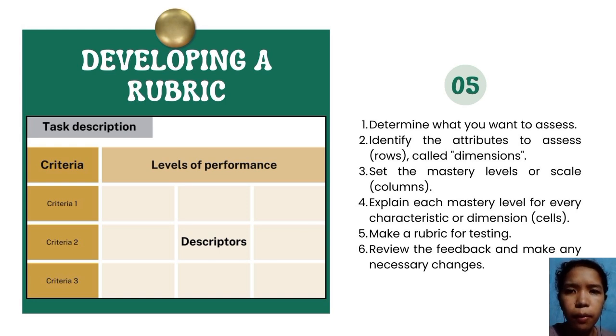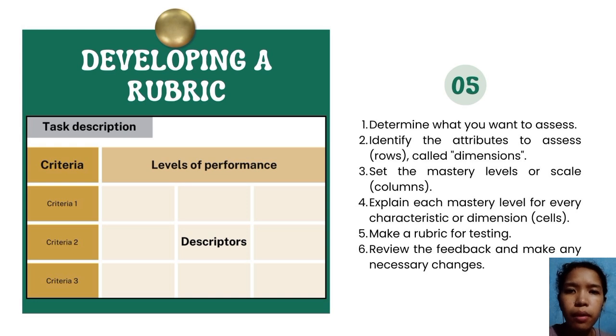Second, identify the specific criteria or qualities you look for. Third, set the levels of mastery. Fourth, describe each level clearly so students understand the difference between excellence, good, and needs improvement. Fifth, try out the rubric in an actual task or assignment. And lastly, review the results, gather feedback, and adjust if needed.